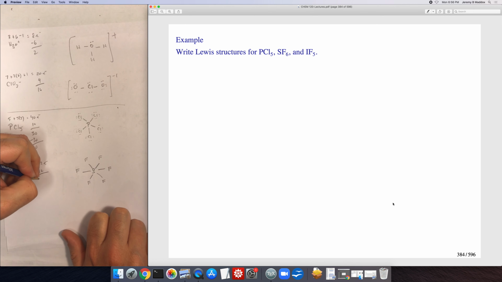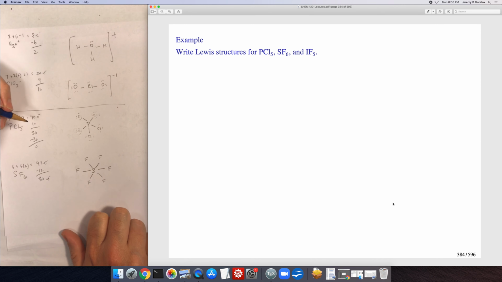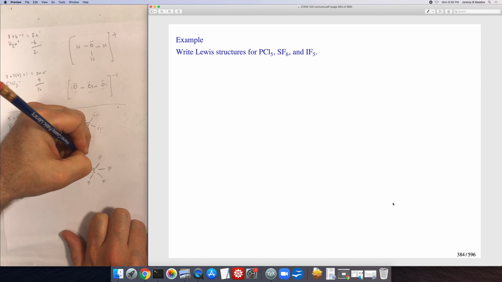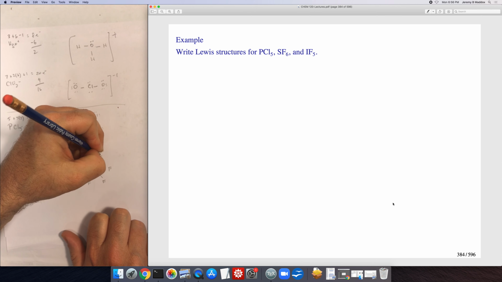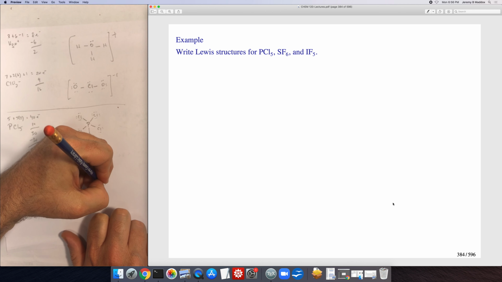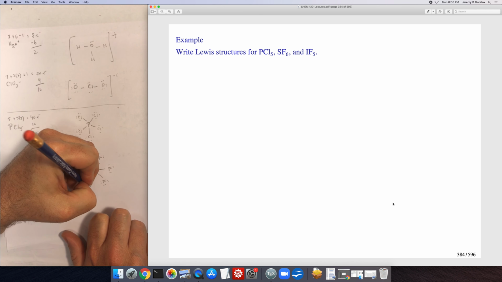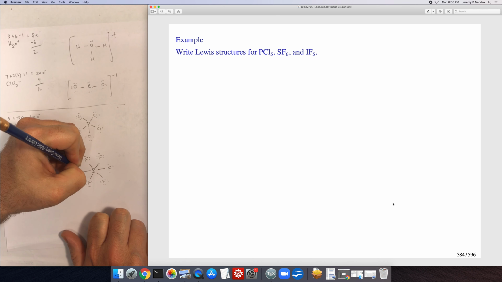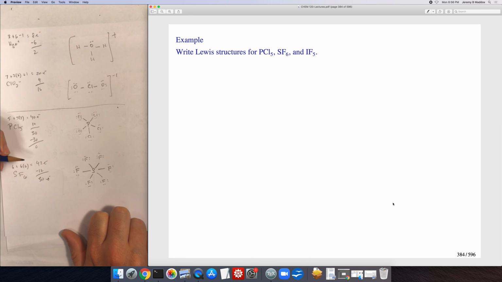Okay, so we're going to have 30 electrons that need to go on here. Each of the fluorines is going to get 6 electrons. Right, we've got 6 of them. Looks like I miscounted.